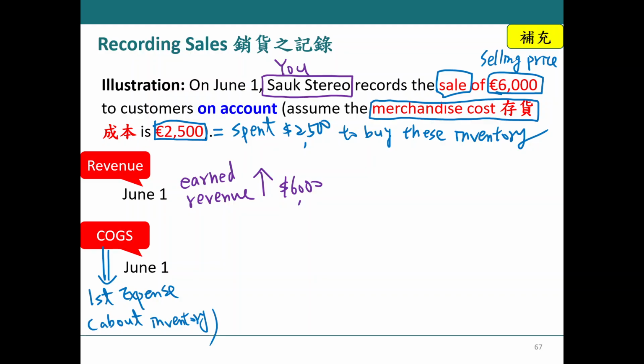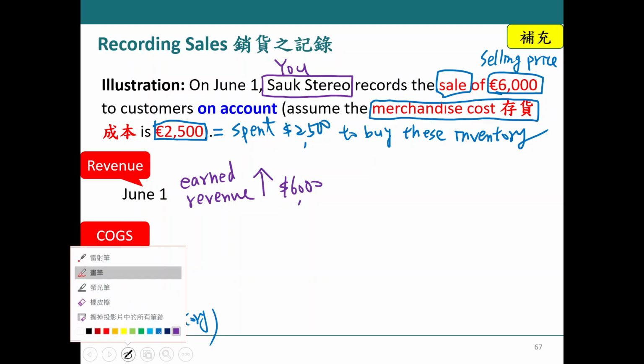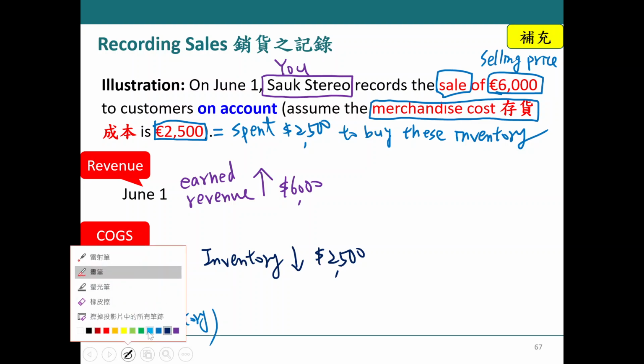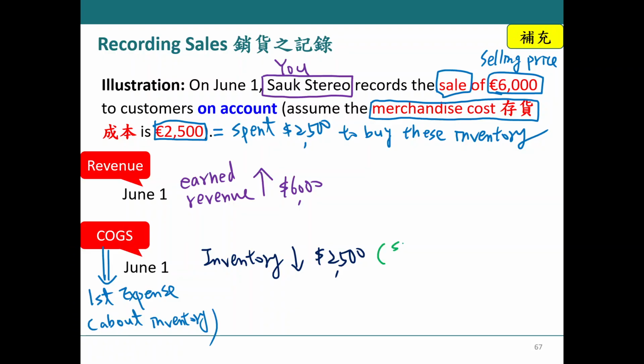So based on this, second thing is what? Your inventory decreases, right? Because you give it to customers already. How much? $2,500, right? Because you spent $2,500 to buy the inventory. Right now, you give it to customers. Okay? So you spent $2,500 to buy it.